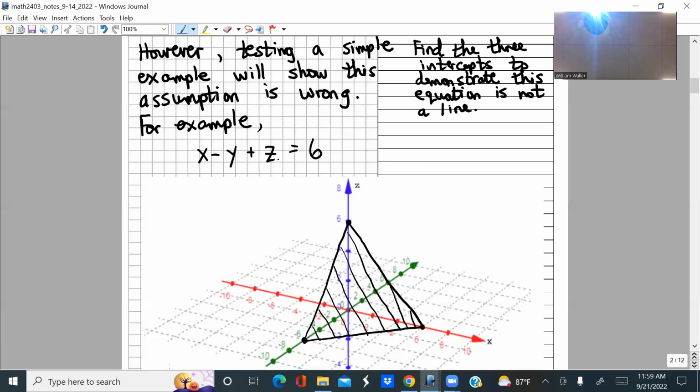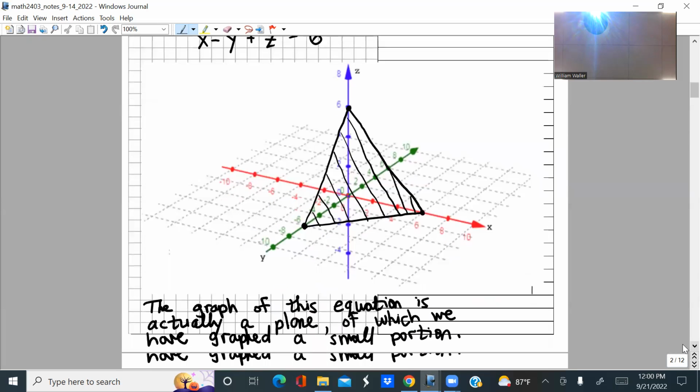Now, before we discuss why that's the case, we do want to talk about how we write down expressions for lines in 3 dimensions. What do equations for lines in 3 dimensions look like? It turns out to be a lot more complicated than in 2 dimensions.